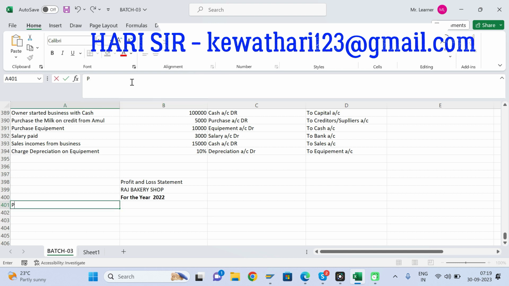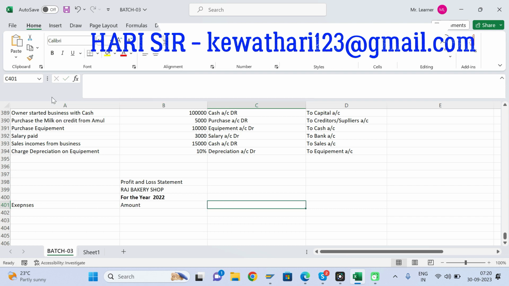Here we generally write particulars and amount. I am directly writing expenses so that you understand, but let me write particulars only. Particulars on this side is debit, and debit means all the expenses.